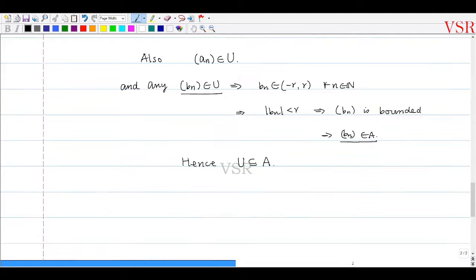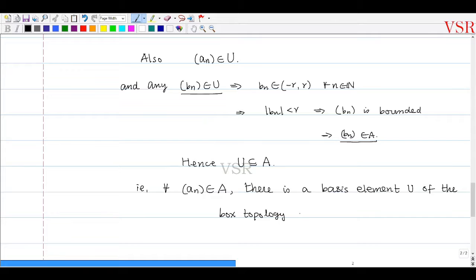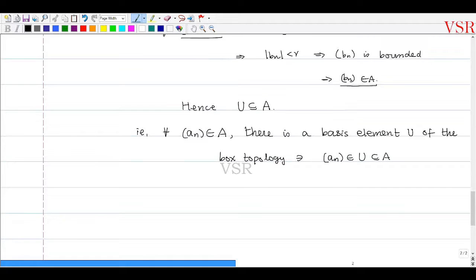Okay, that is, for every an belongs to capital A, there is a basis element U of the box topology such that this an belongs to U and which is a subset of capital A. So this implies that A is open.